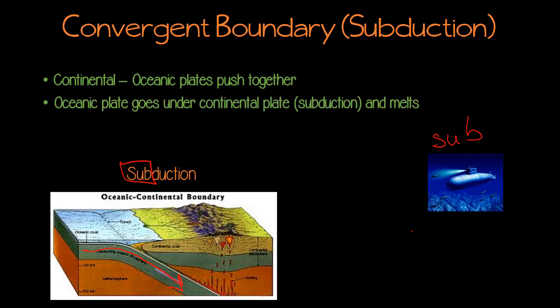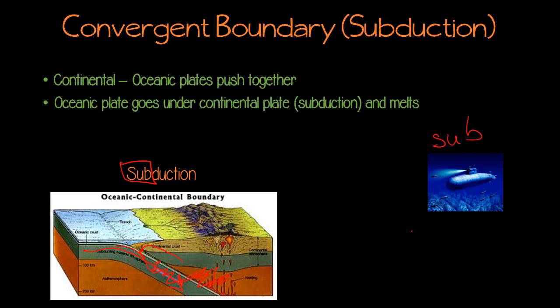So it gets hotter and hotter until it melts. And that ends up destroying the crust. At the same time, the continental plate is going to kind of get squeezed upward above that oceanic crust.